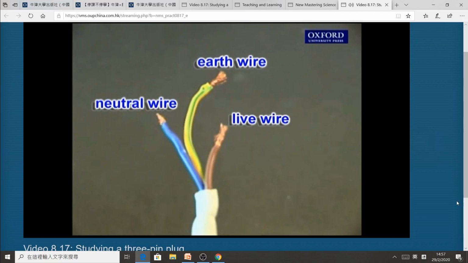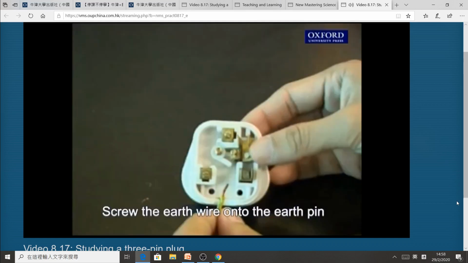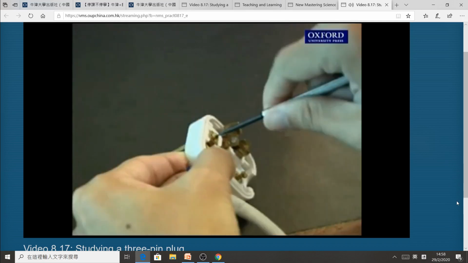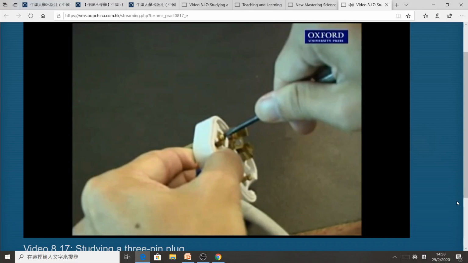Here are the neutral wire, the earth wire, and the live wire of a cable. How can they be connected to a 3-pin plug? First, take out the fuse from the plug. Screw the earth wire onto the earth pin. Then screw the neutral wire onto the neutral pin.